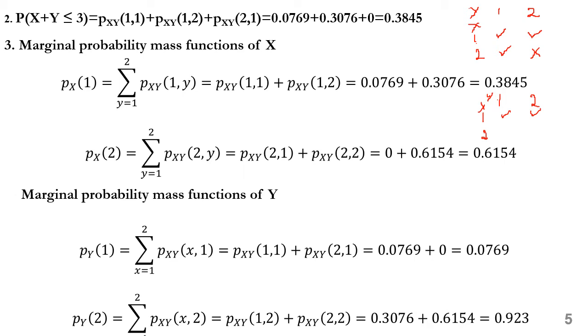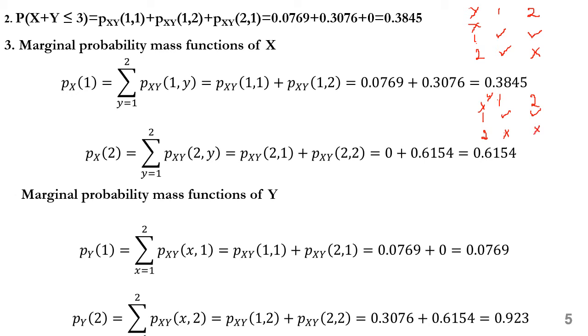So therefore, I need to consider these two values. So I have Px of 1 is equal to the sum of Pxy of 1, 1 plus Pxy of 1, 2. That is 0.0769 plus 0.3076, which is equal to 0.3845. Next, we have the marginal probability mass function of x at 2, and we need to consider these two values.